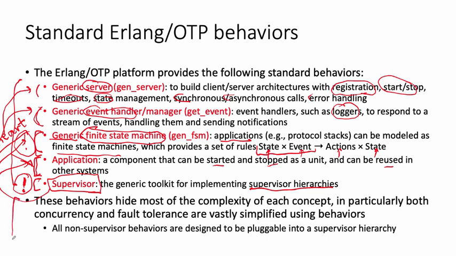So these behaviors hide most of the complexity of each of these concepts: finite state machine, server, event handler. Concurrency and fault tolerance are extremely simple using behaviors. And all the non-supervisor behaviors, these first four, are designed to be pluggable directly into a supervisor hierarchy. So everything that runs in Erlang can be supervised. So the supervising concept is very important.